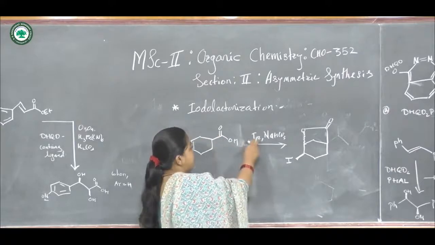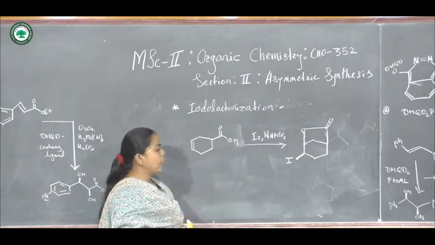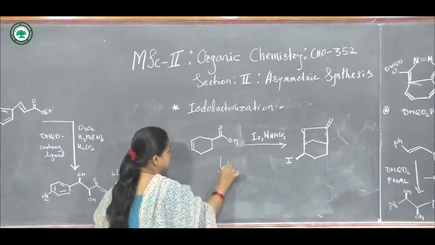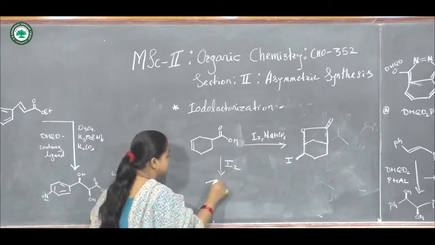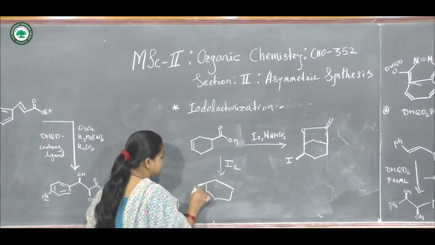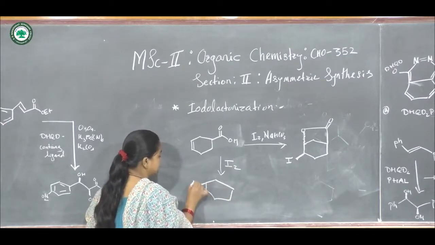Because the iodine will first form the iodonium ion, which is beta oriented. So first it reacts with the iodine and we get the beta oriented iodonium ion.